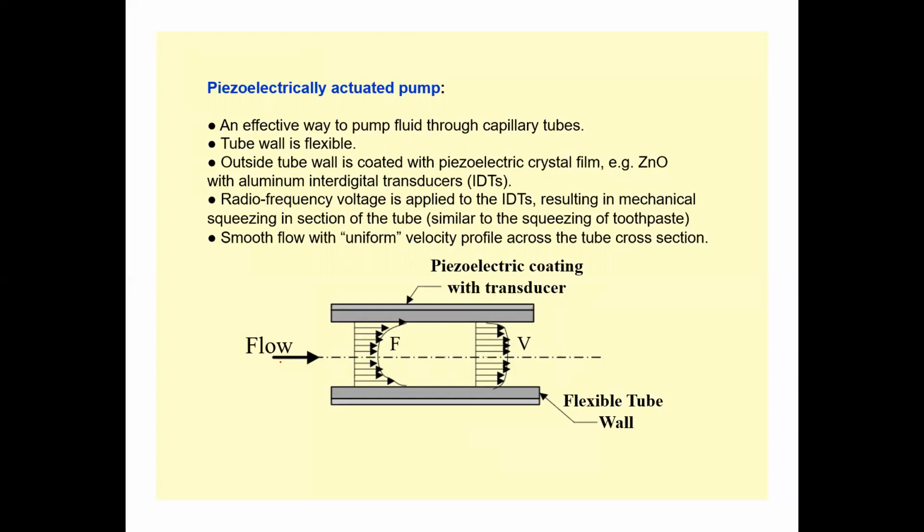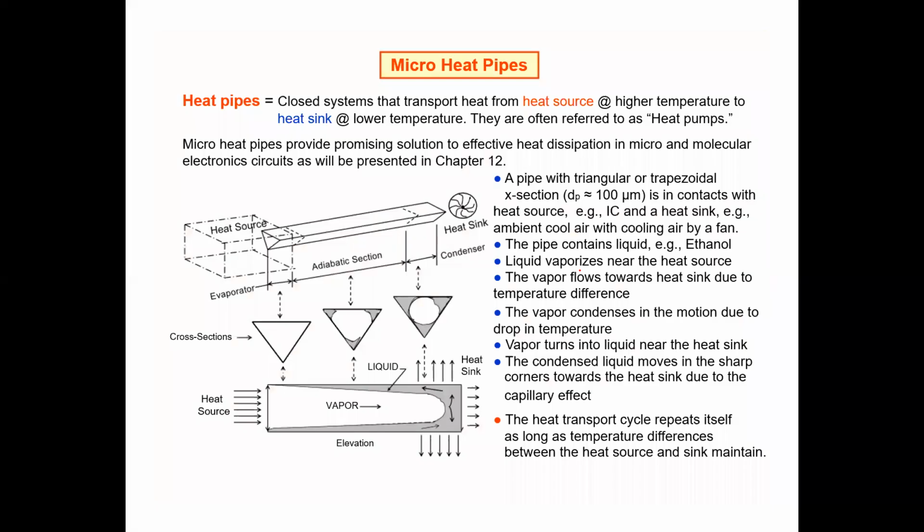This is the flow of the fluid in this direction. When voltage is applied to the piezoelectric coating, it shrinks, expands, shrinks, expands, so a wave is generated. Since this is a flexible tube just like a toothpaste tube, it squeezes the fluid inside the pipe. This is how the piezoelectric crystal provides a force that allows the fluid to flow out. Again, this is not very important.